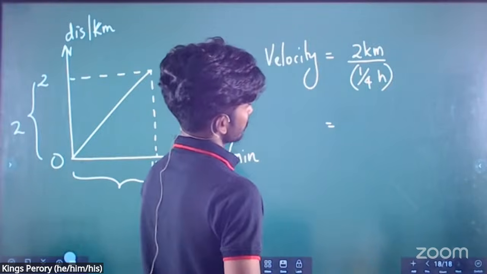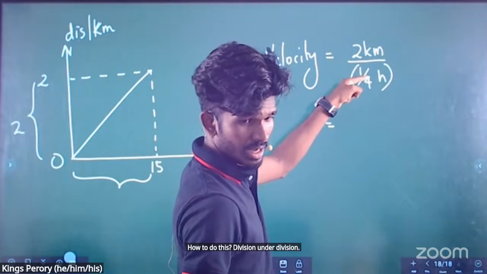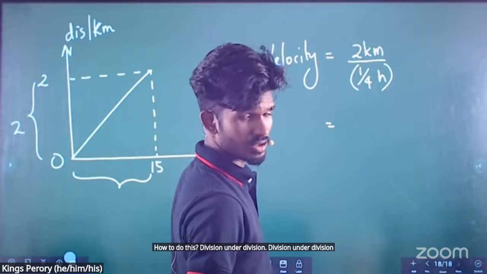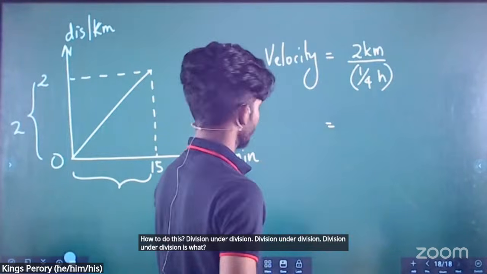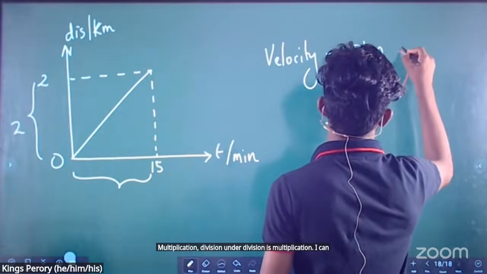How to do this? Division under division is multiplication. I can take this 4 on top.